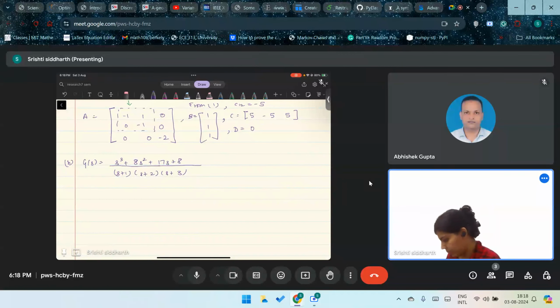Alright, so let's observe some things first. This is just a proper transfer function. And it has distinct eigenvalues.